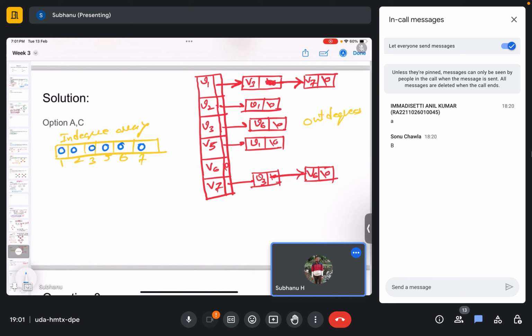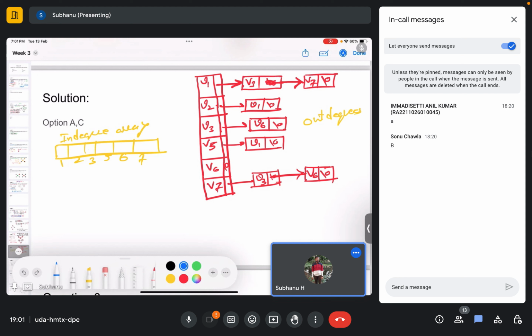Then what you will do is count. For V1, how many nodes point to it? Basically 2. So this is your in degree counter. So it will have 2 in degree.